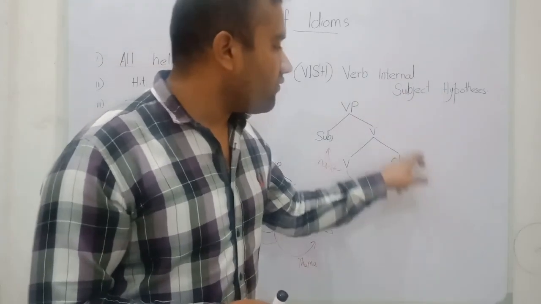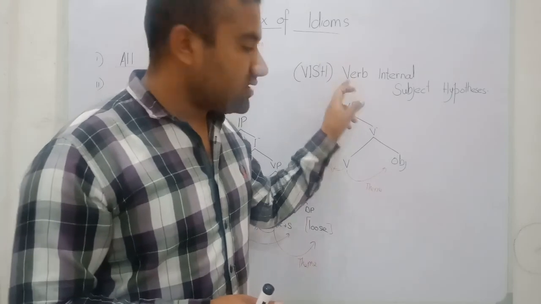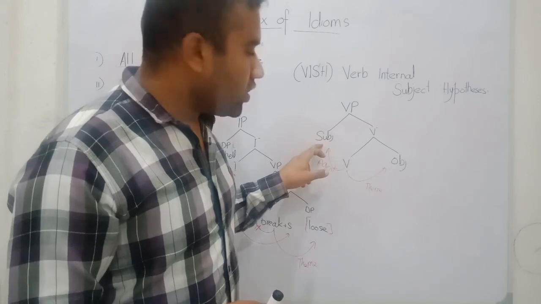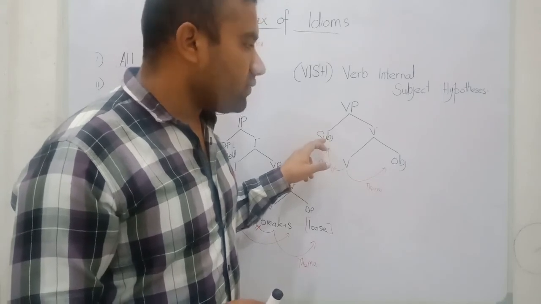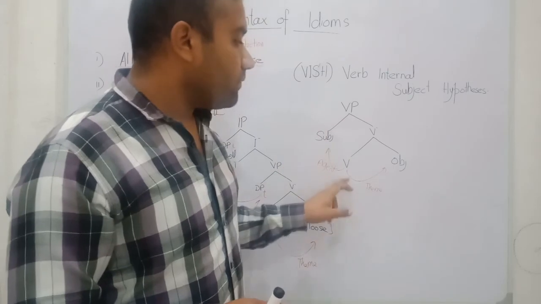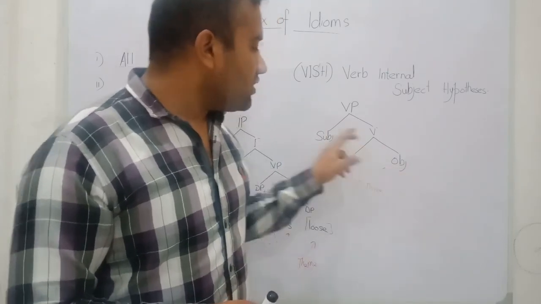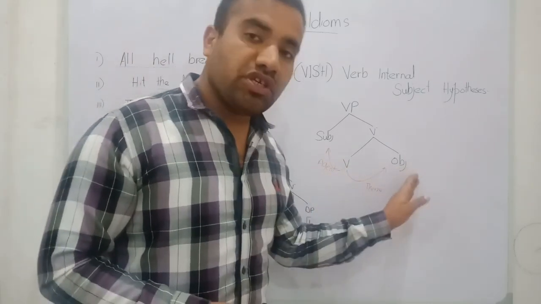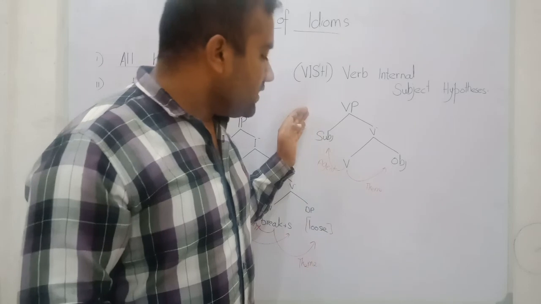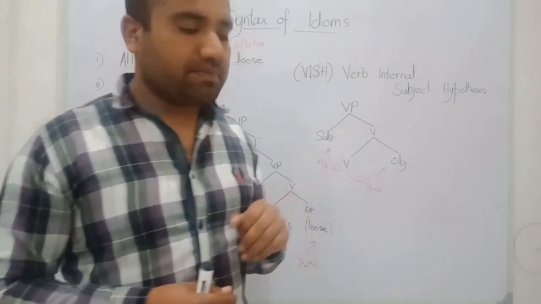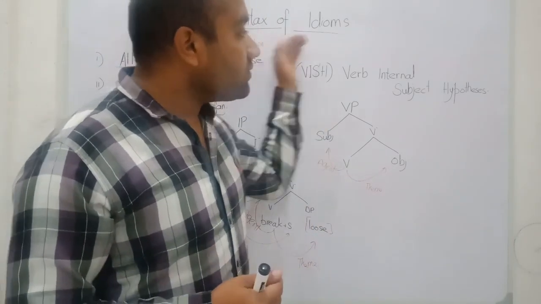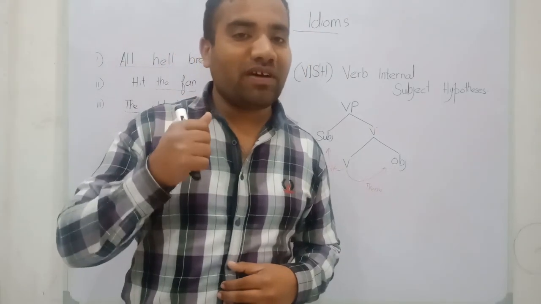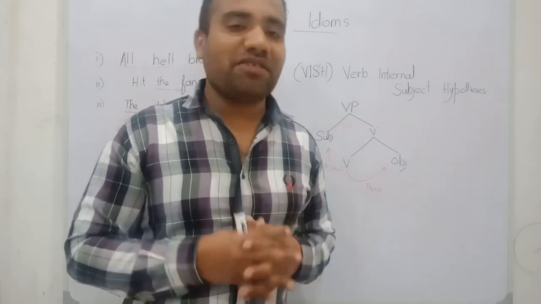This is the domain of V. They state that the subject originates within the VP. This is the object position and this is the subject position, and V assigns the theme role to the object and the agent role to the subject. Applying this hypothesis, we will generate the syntax of idiomatic expressions.